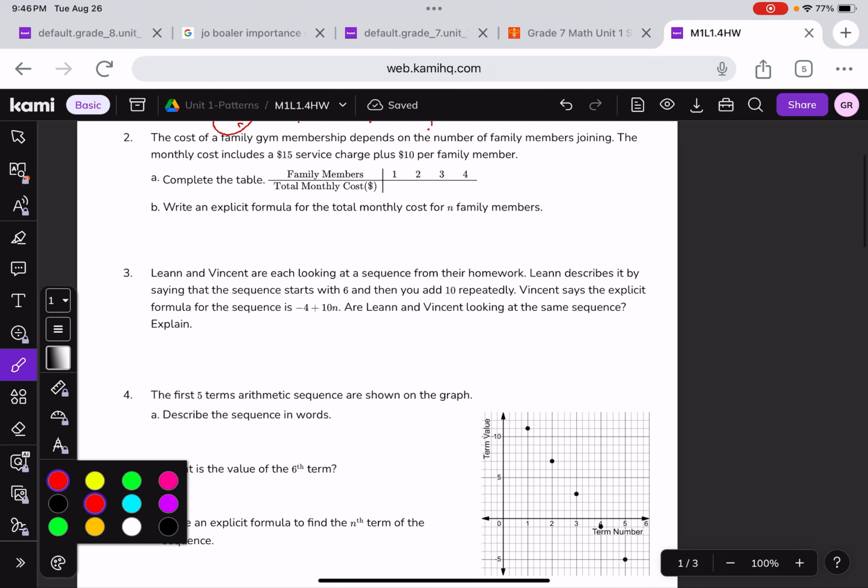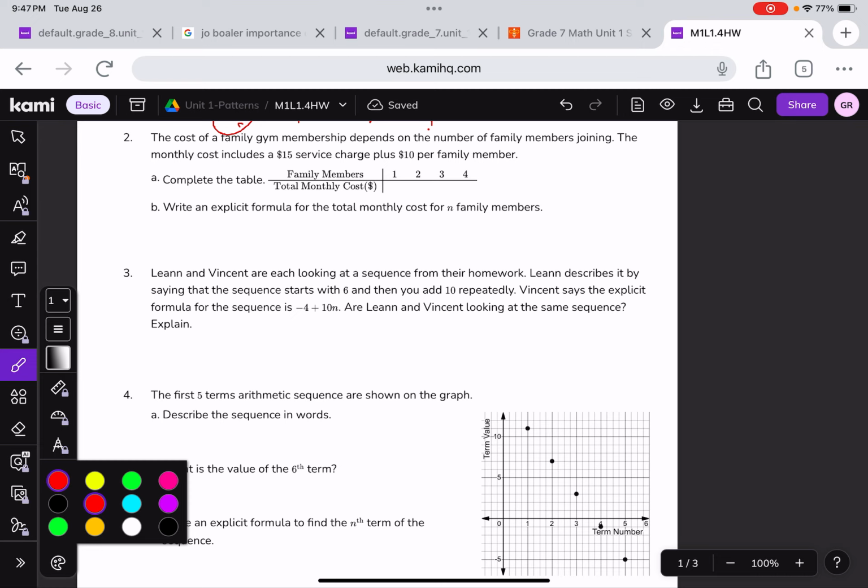But number 2, this one's pretty straightforward. The cost of a family gym membership depends on the number of family members joining. The monthly cost is a $15 service charge, plus $10 per family member. So one family member, it's $10, but you have the $15.